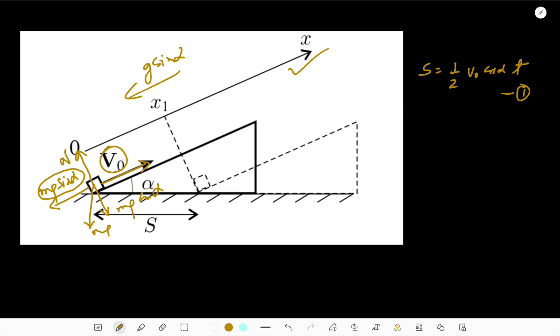That means I can find out the x component of this velocity. X is not horizontal. Here is another x-axis, as you can see on the screen. So I can always find the x component of its velocity or x component of its displacement.